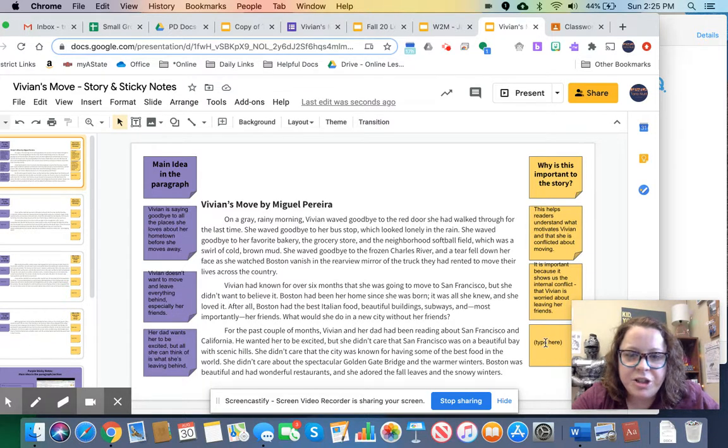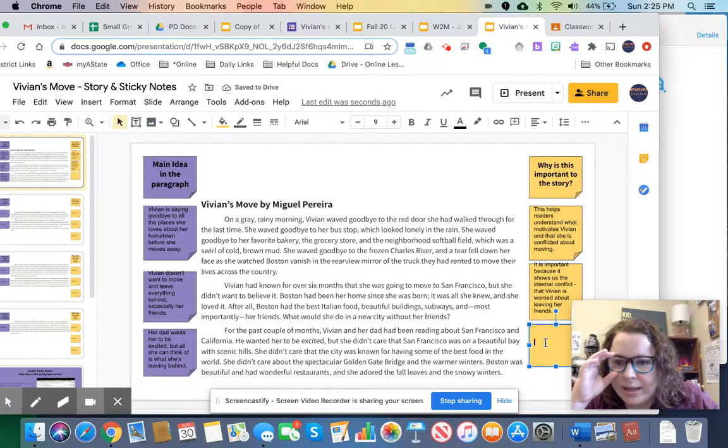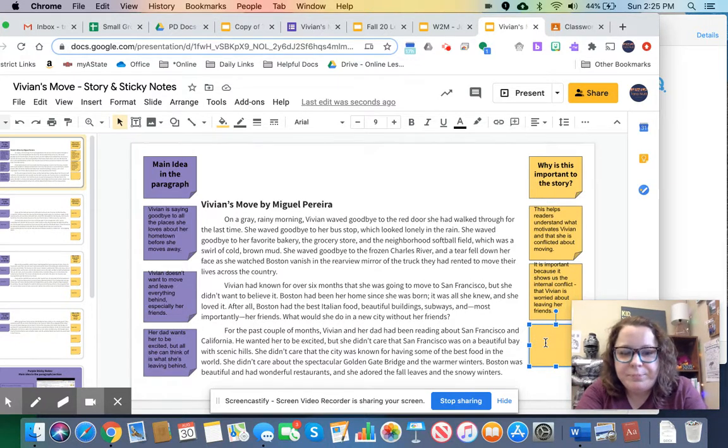Well, she is trying to make peace, right? She's trying to get excited. She wants to make her dad happy, but it's just not working. So it's almost like this is digging us in a little more to that internal conflict. Vivian is trying to accept the move, but she just can't get excited about it.